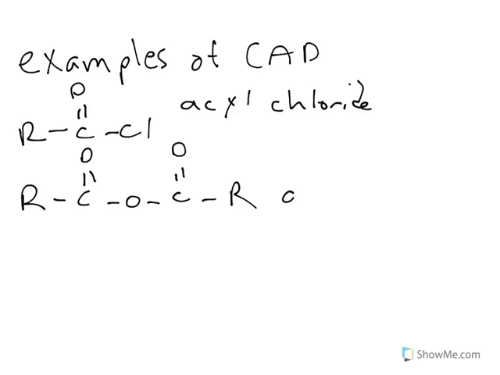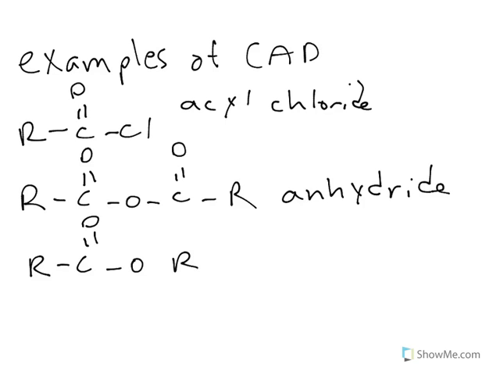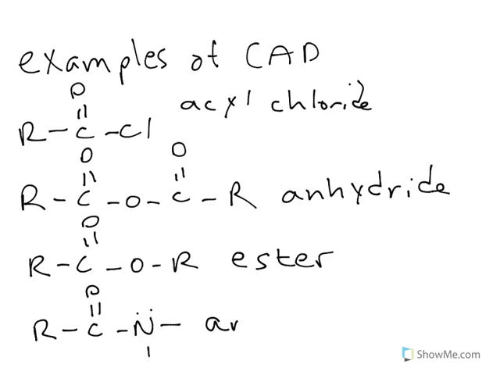This is the anhydride. We're also going to look at something called the ester that we've seen before in infrared. And the amide. All right, the nitrogen can have either R groups or hydrogen, and that'll give us different types of amides, primary, secondary, and so forth. And finally, one that doesn't look like the others is the nitrile.